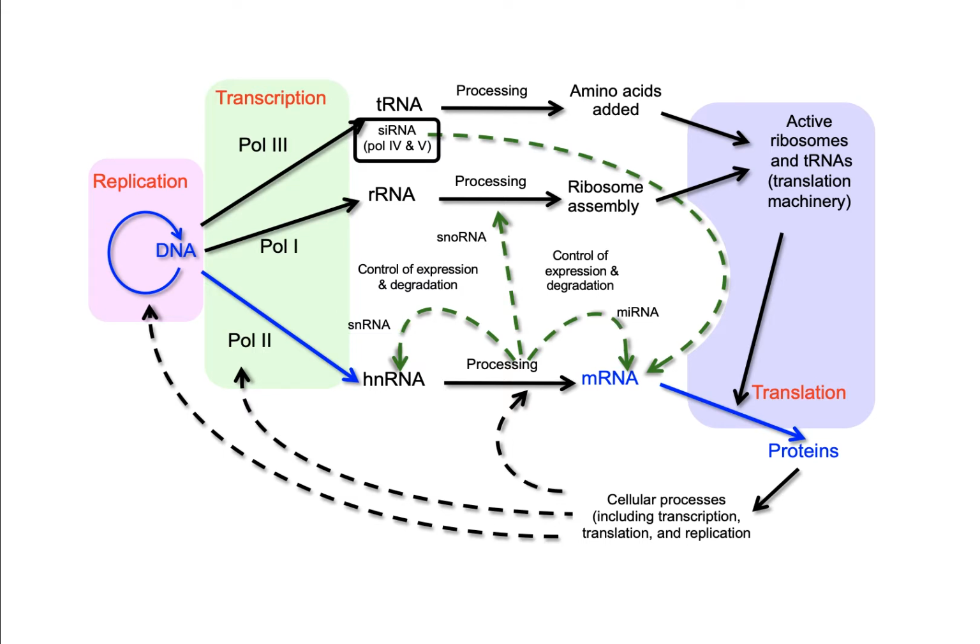And then there are these silencing RNAs that attach to other RNAs over here and keep them from being expressed also. There are also a couple of other RNA polymerases in plants that do perform other functions to control the expression of certain RNAs as well.